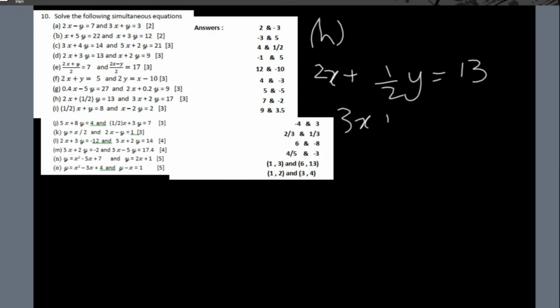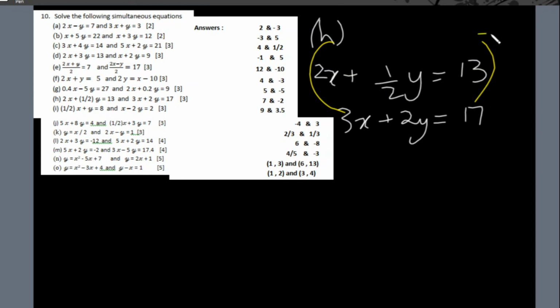Alright, let's do part H now. Part H is 2x plus half y equals 13, and then 3x plus 2y equals 17. Now again I need to change the first equation. I need to multiply the first equation by a number so that I get minus 2y here.